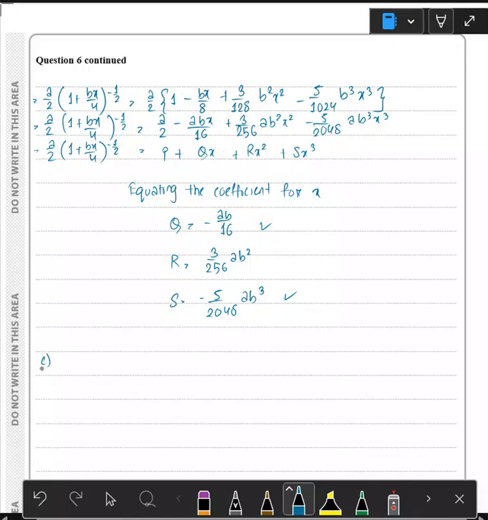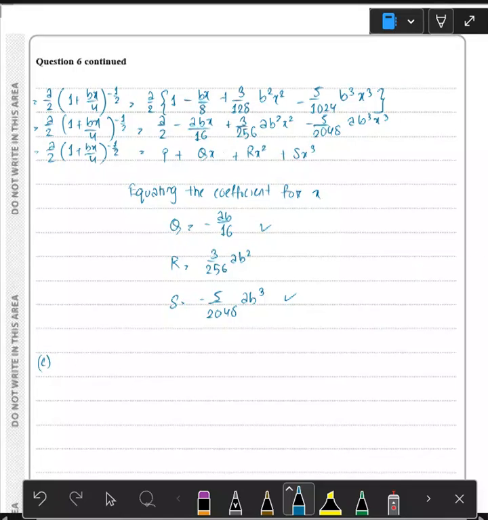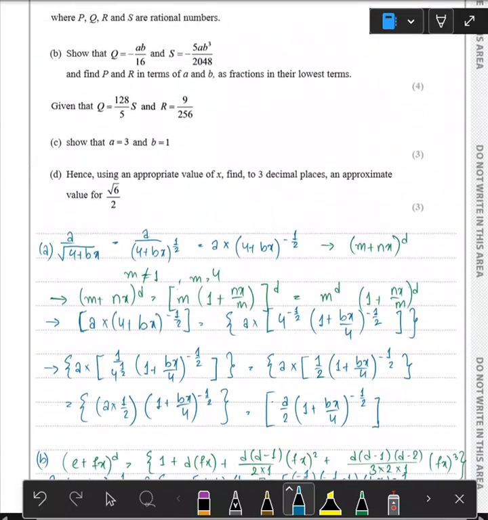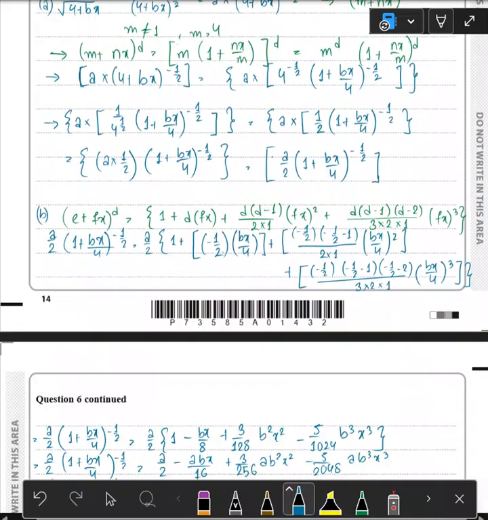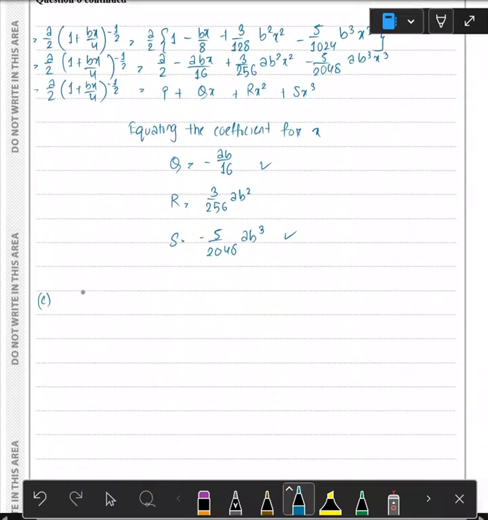Now for part c, given that q is equals to 128 by 5s and r is equals to 9 by 256. So they have given q is 128 by 5s, and r is equals to 9 by 256.